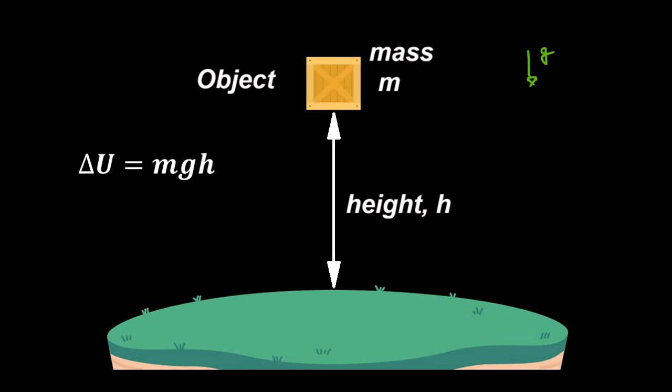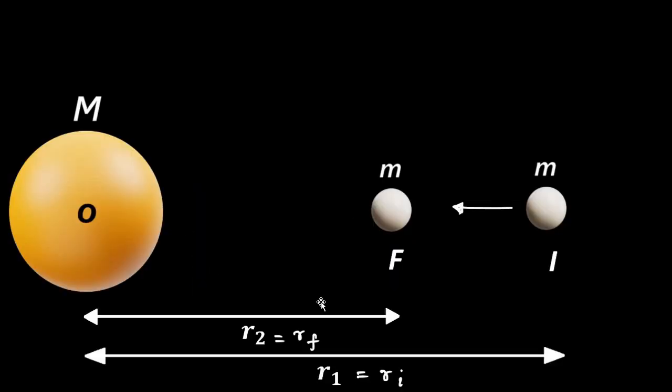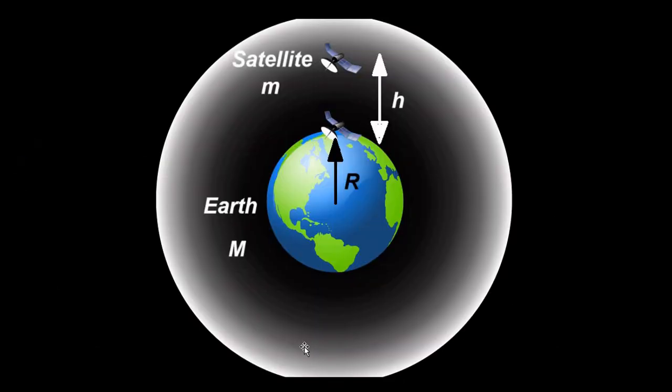So this is the concept of potential energy of an object on or near the surface of the Earth. Here we have used the same formula of change in potential energy because of change in position of the object. We have used Earth as the source mass, the source of the gravitational field, and the satellite is the small mass influenced by Earth's gravitational force.